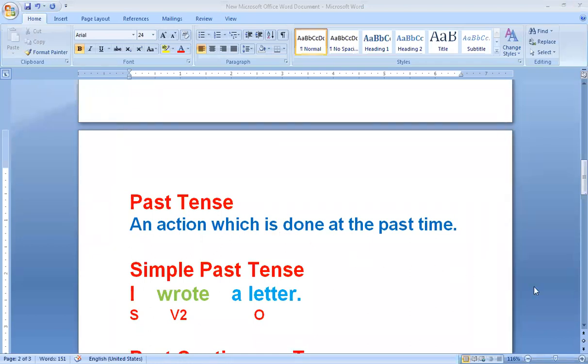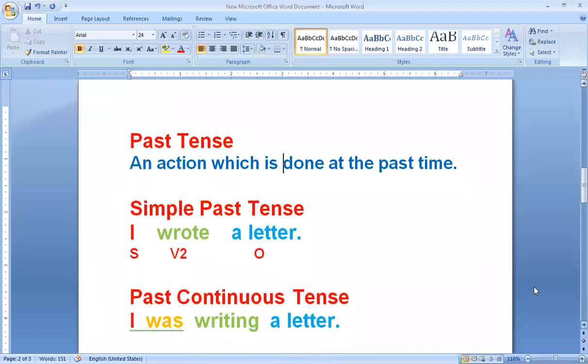Next, past continuous tense. I was writing a letter. Past continuous tense. Here the structure: subject plus was or were.